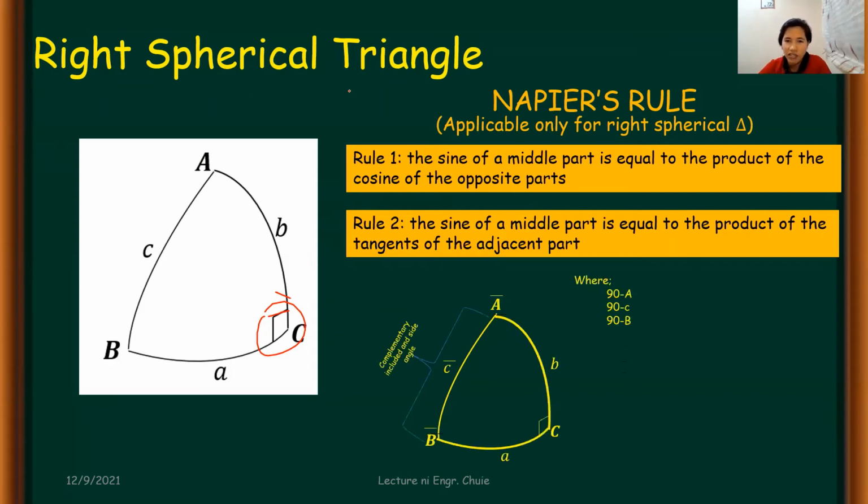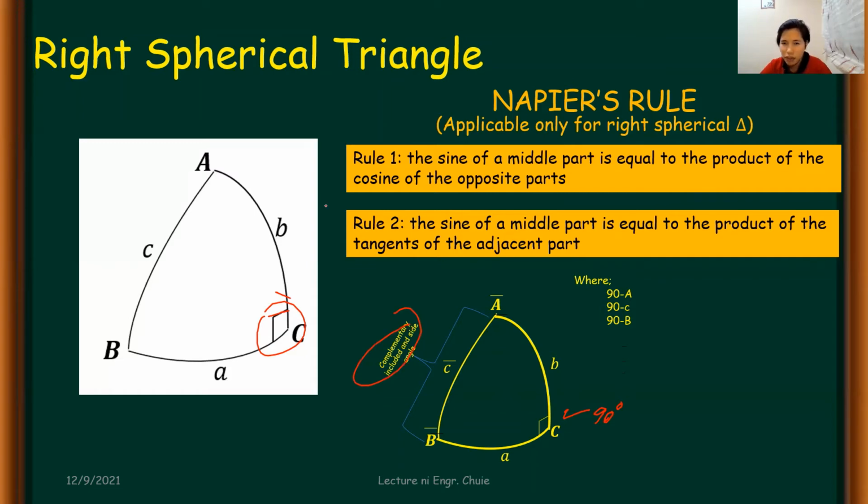So in the spherical triangle, we have one right angle which is 90 degrees. So isang 90 degrees yung ating included angle. So opposite to that 90 degrees, we take note that these are called the complementary angles.